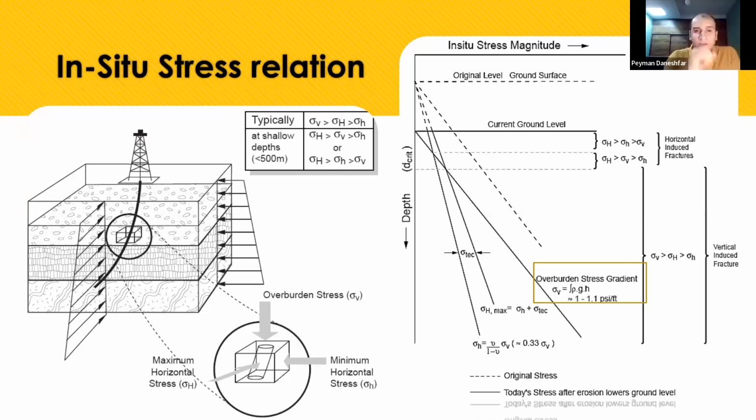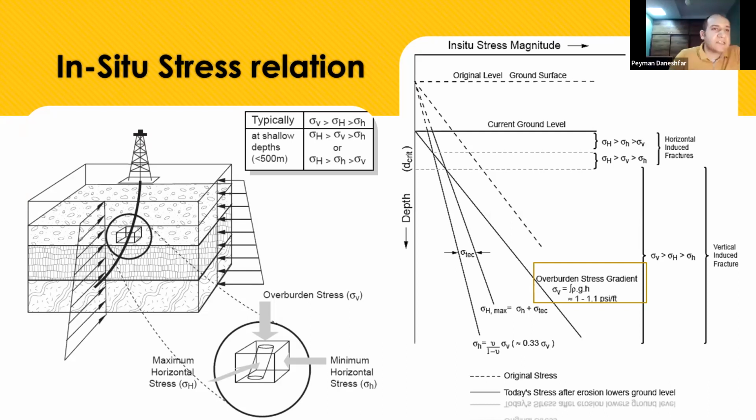If you remember, I told you I will show you the tectonic stresses between the maximum and minimum horizontal stresses. If you see in a chart or in a photo, you can see the differences between the maximum horizontal and minimum stresses shown with the sigma tectonic.